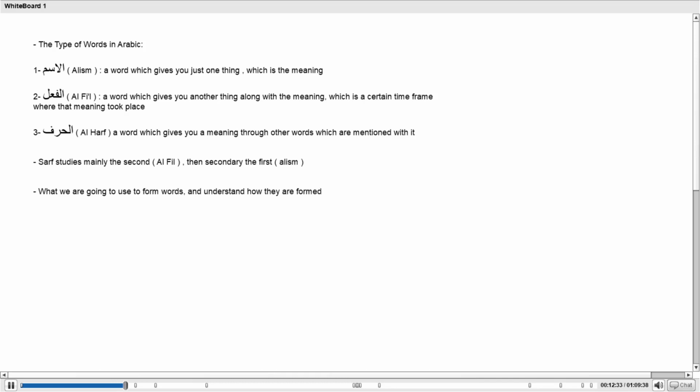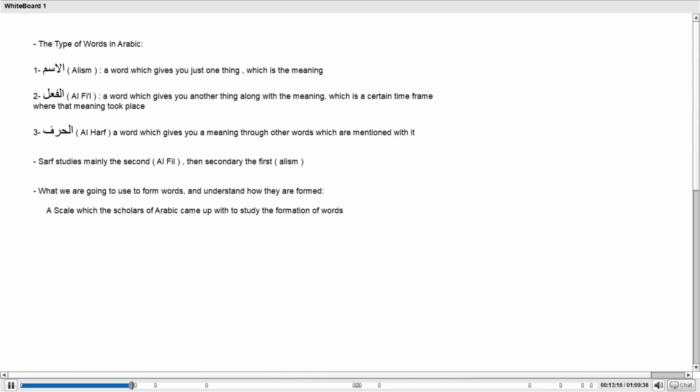The answer is: a scale which the scholars of Arabic came up with to study the formation of words. Clear, barakallahu feekum?